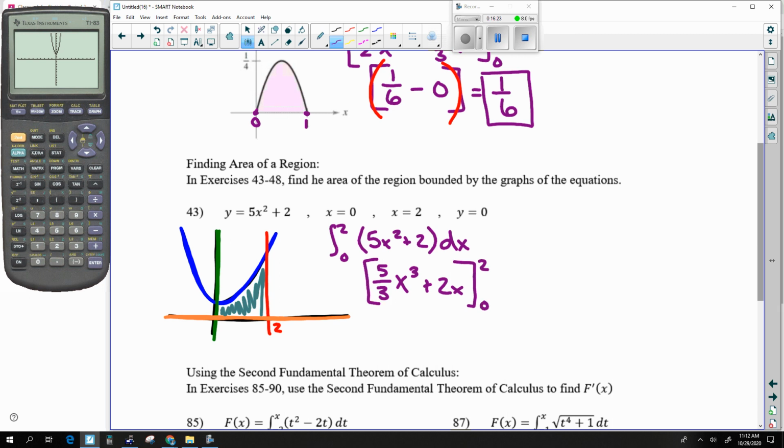So we evaluate that at 2, and evaluate that at 0. That should be our area.